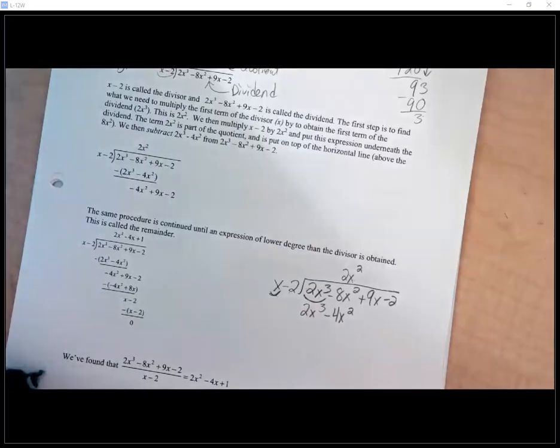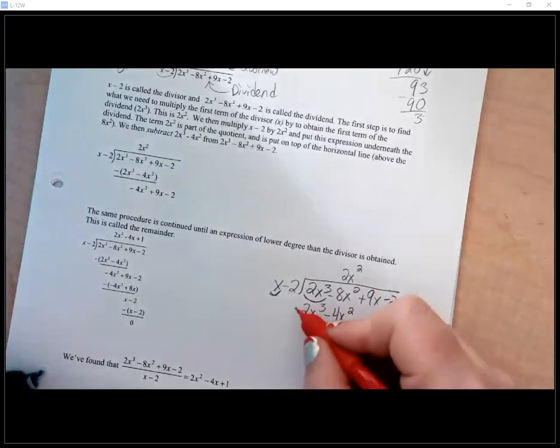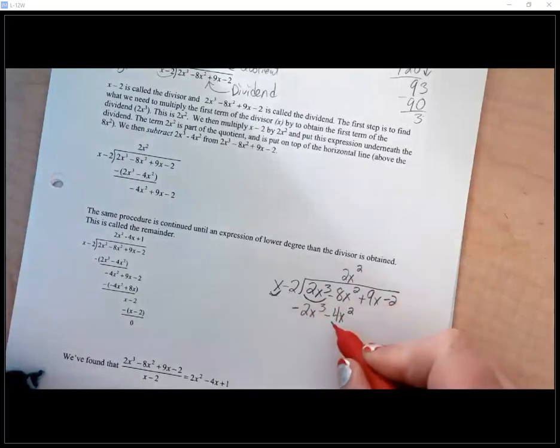What did I do when it was numbers? Once I multiplied the number on top by the number out in front and I wrote it underneath, then I subtracted. You need to subtract all of this. So now I have a minus, and when I do minus a negative, doesn't that turn into a plus?